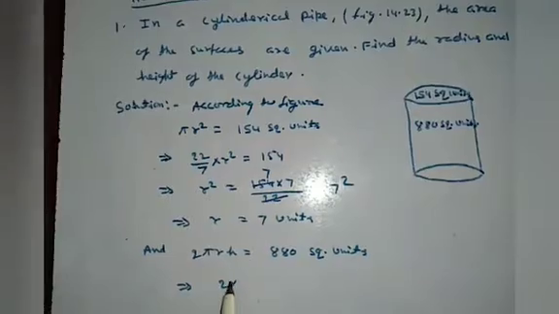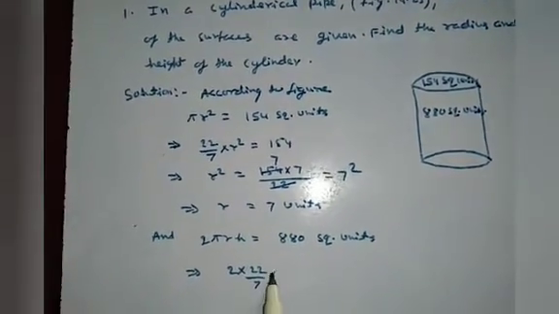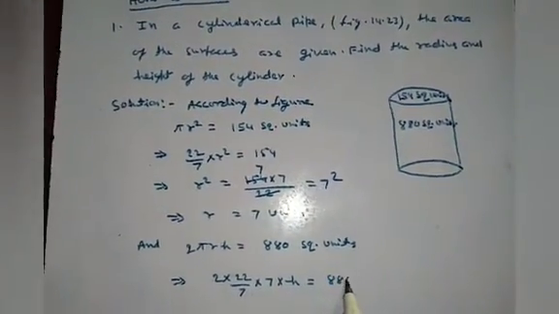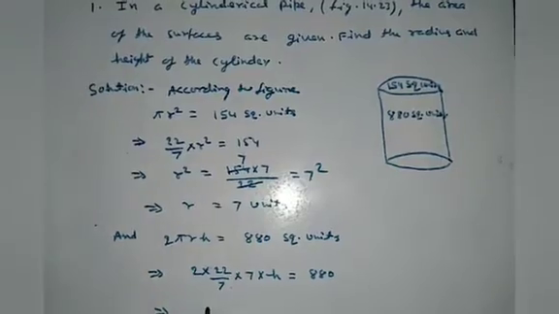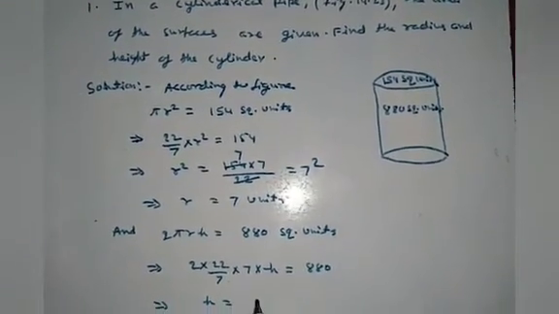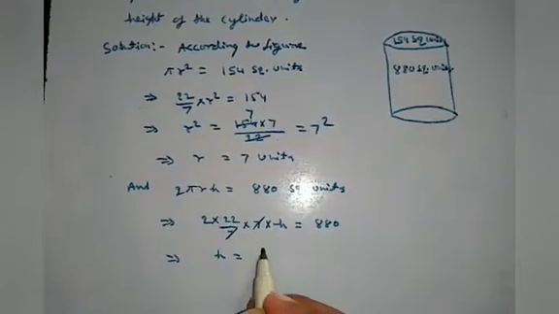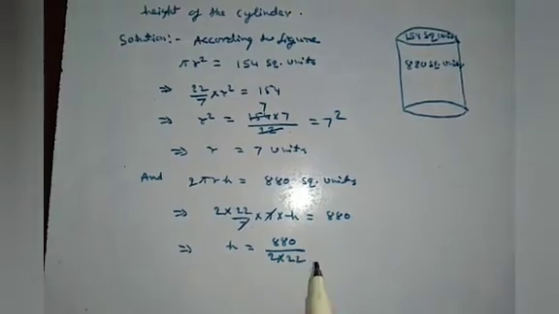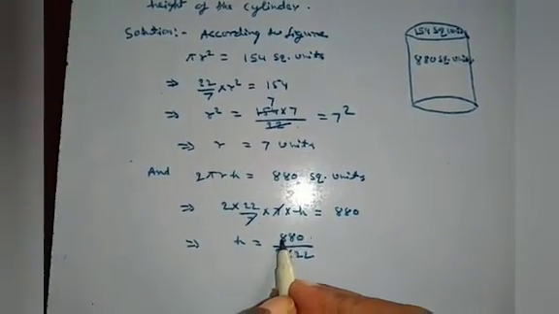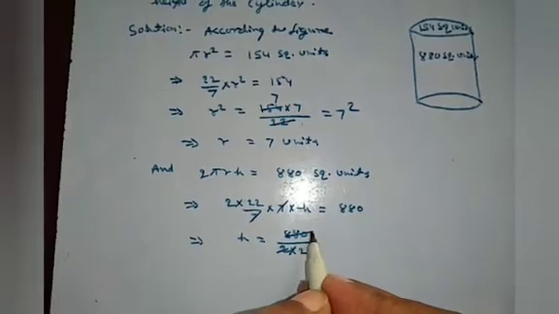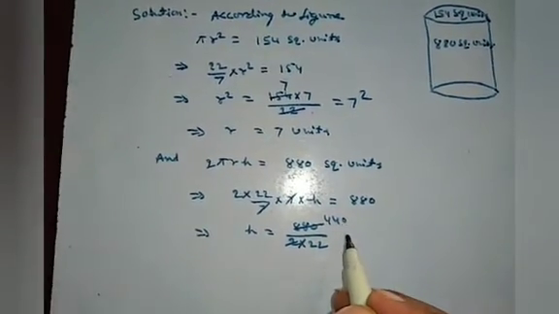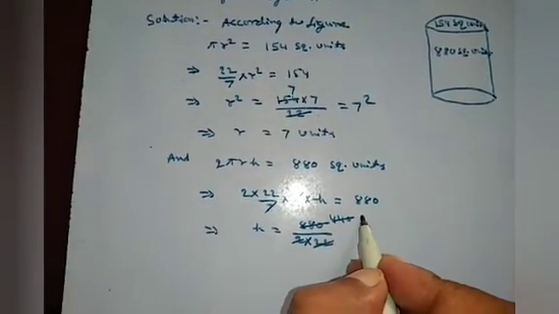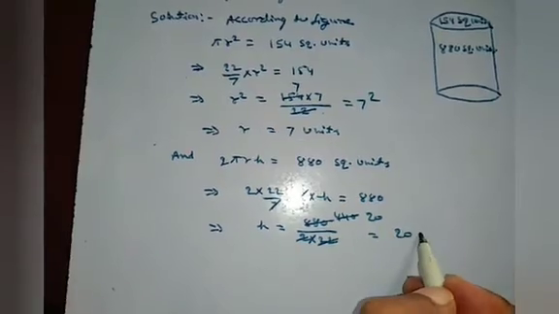So 2 into 22 by 7 into 7 into h equal to 880. So h equal to, 7 and 7 cancel, 880 by 2 into 22. 880 is divisible by 2, 440 times, and 440 is divisible by 22, 20 times, equal to 20 units.